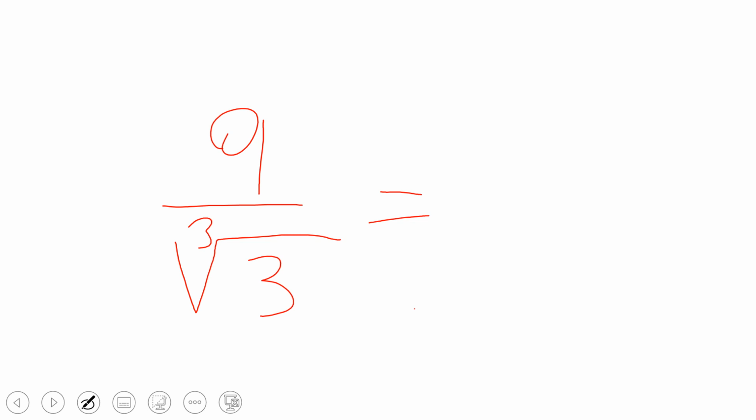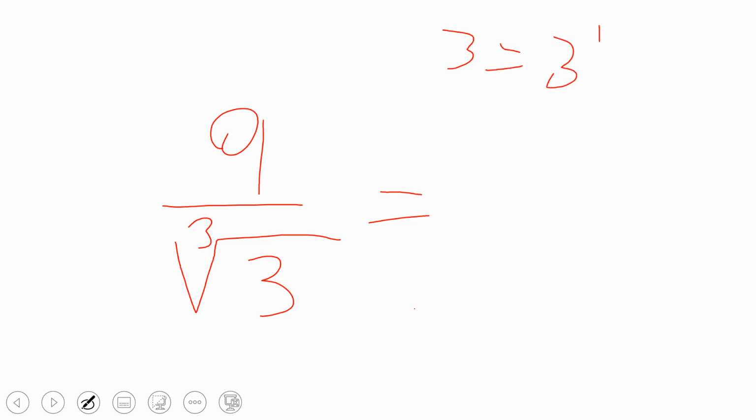We know that 3 isn't a perfect cube. So obviously we need to multiply by something that makes a 3 cubed. We know that 3 is just equal to 3 to the 1.